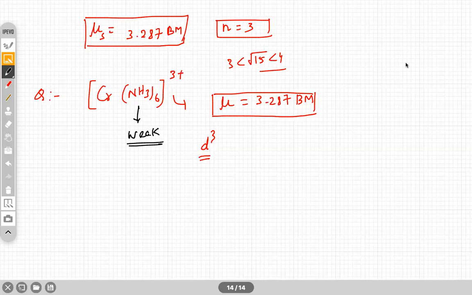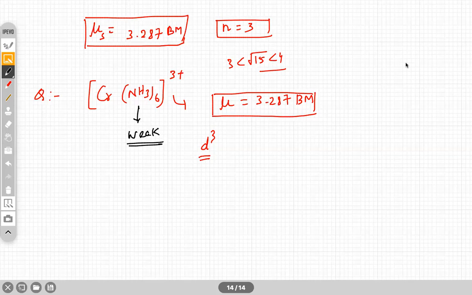And the major drawback is that it could not explain the color of the complex, what color the complex shows. This also could not be explained by valence bond theory. That's why we got a new theory after this, which we call crystal field theory. With crystal field theory, we can find out the color of the complex. Obviously, we cannot do it theoretically because we need to know the wavelength of each color, and then only we can say, this is the wavelength we are getting, so this is the color of the complex. So the color you have to memorize only.